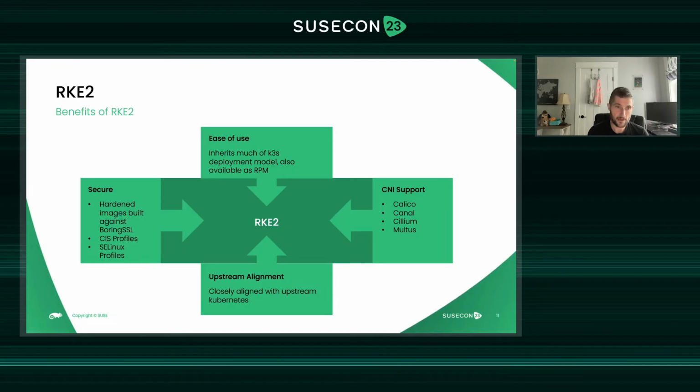We have ready-made CIS profiles to make sure that your cluster can pass a CIS benchmark scan, and we do keep up to date with upstream and make sure that we are allowing all of these clusters to have the correct defaults to be able to pass these benchmarks. It also does come with SELinux profiles as well. So with FIPS compliant binaries, SELinux profiles, and knowing that it's passing CIS benchmarks, it's definitely the secure by default Kubernetes.